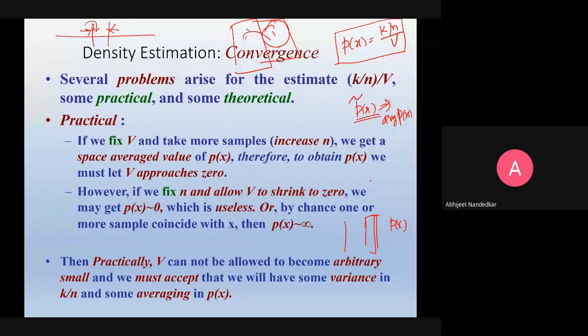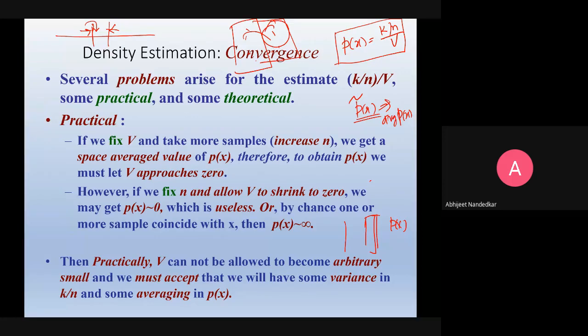If nobody falls into it, then k becomes 0, and we get 0 by n by v, so everything is 0. That is also not desired. So the window size is very critical, and it will hamper the calculations. This is the key point that one should note while using these density estimation methods.